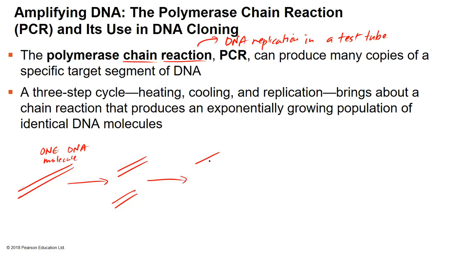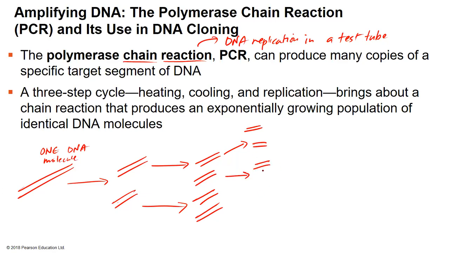And these two will become four. And each one of the four will give two: this one will give two, this one will also give two, this one will be duplicated into two, and this one into two.